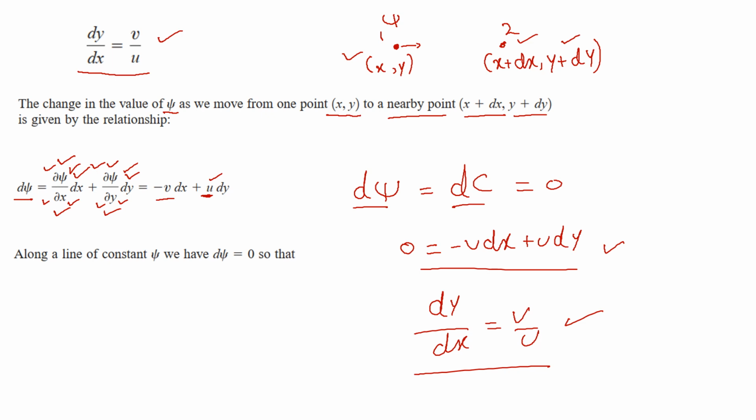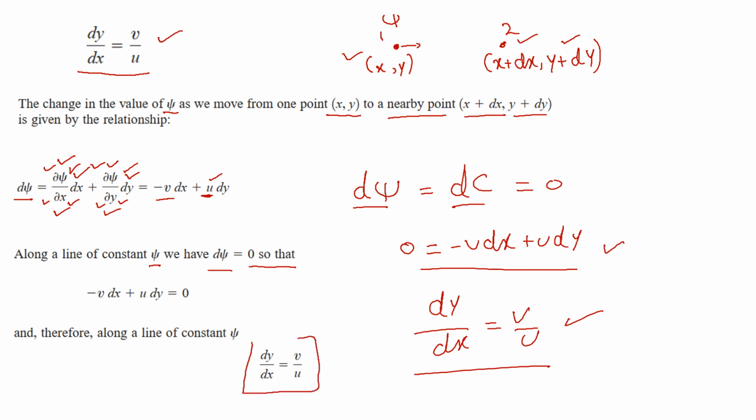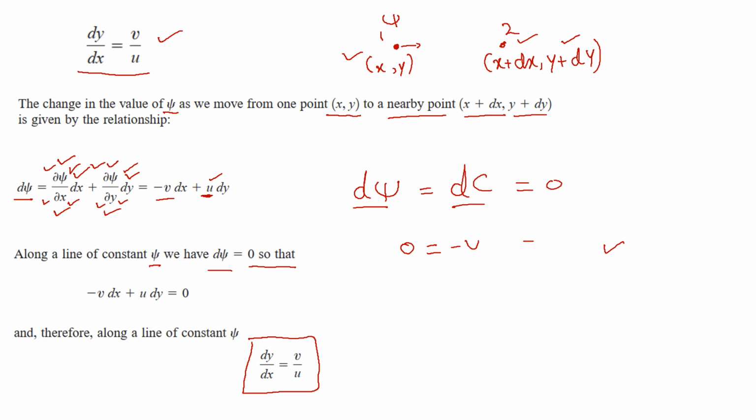So along a line at which this psi is a constant, we have d psi equal to 0, so this equation becomes equal to 0, and we can rewrite it as our equation for our streamline. So by using the stream function, we now have a new definition for our streamlines: a streamline is a line along which the stream function is equal to a constant.